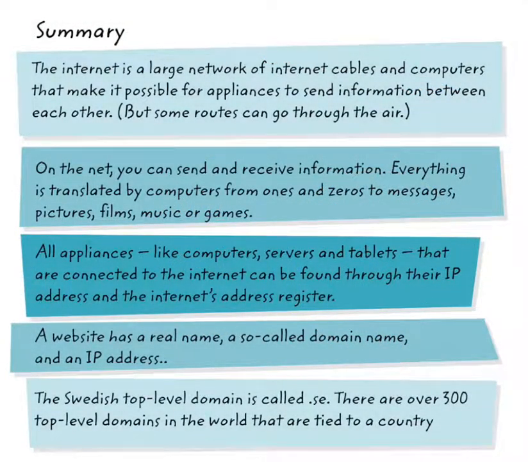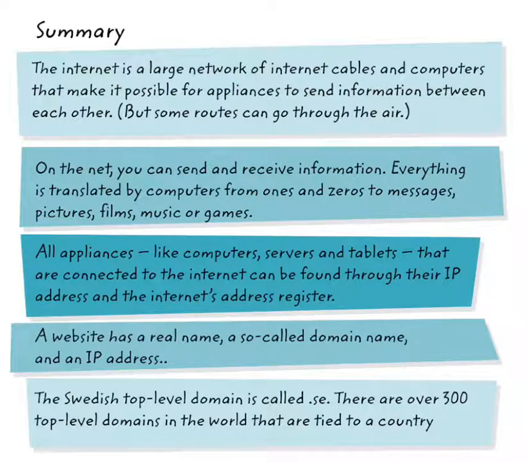Now to summarize a bit. The net is easy to use because there is a system with addresses so that you can always find the right way on the internet. The internet is a large network of internet cables and computers that make it possible for appliances to send information between each other, but some routes can go through the air. On the net, you can send and receive information.